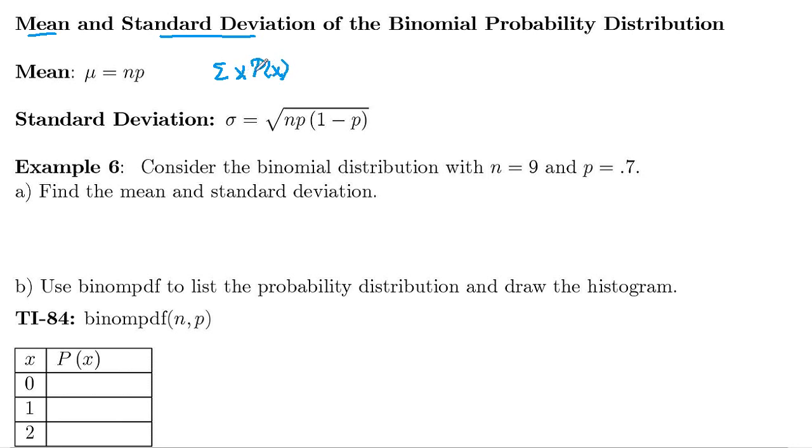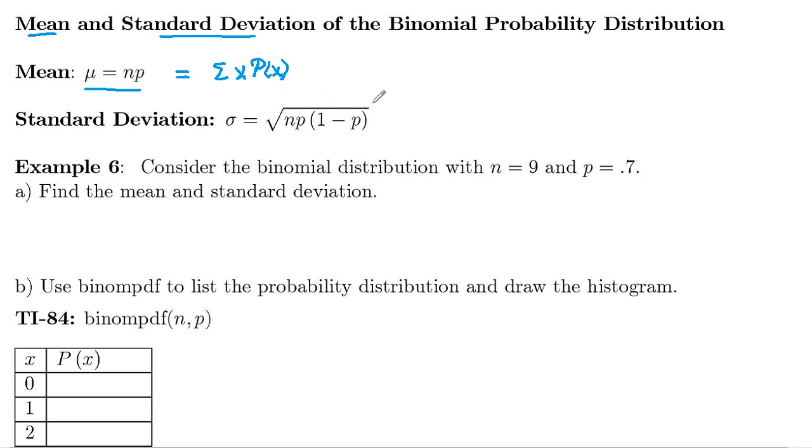With binomial distribution, there's a shorter formula. It's actually n times p, the number of trials times the probability of success. That'll give the same answer as if you sum up x times probability of x. So just do n times p.